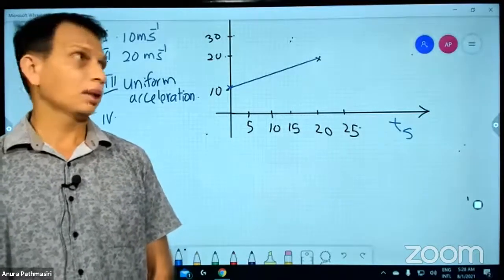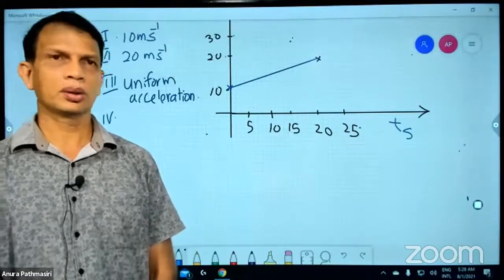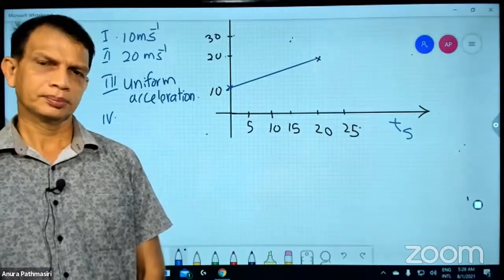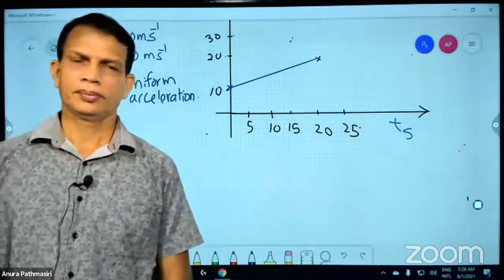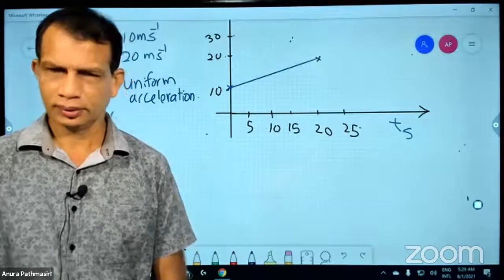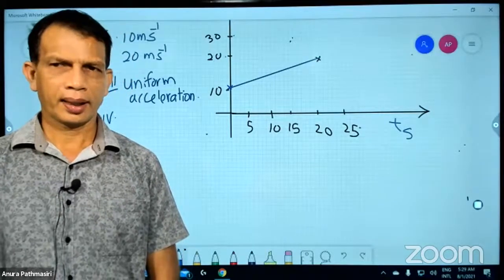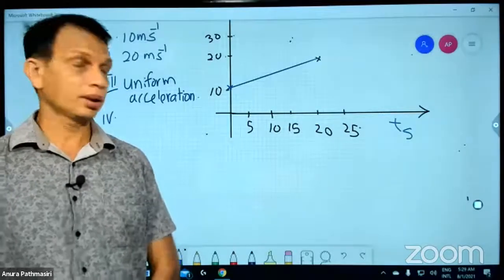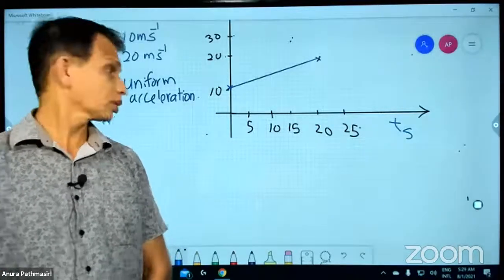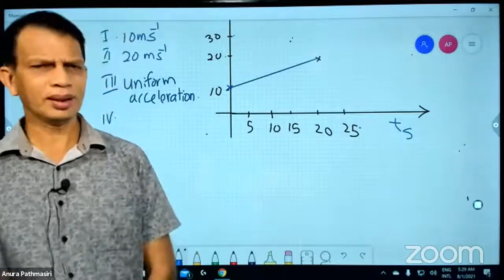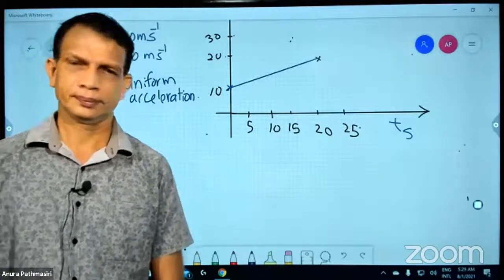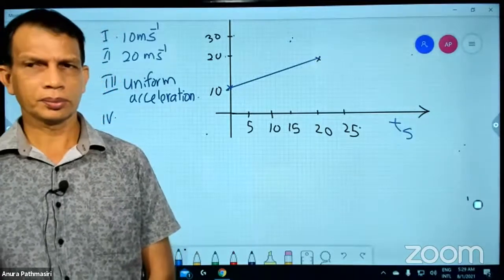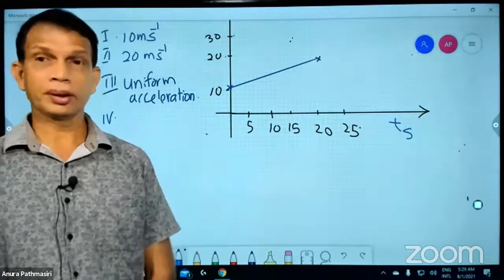Acceleration equals change in velocity divided by change in time. Can we use that? No. The reason is this is a graphical representation.